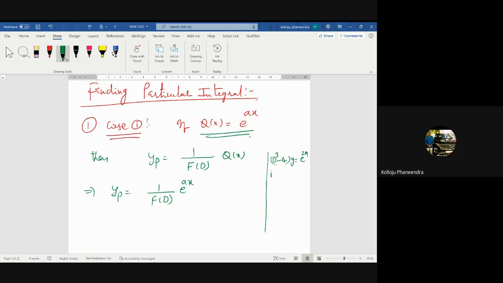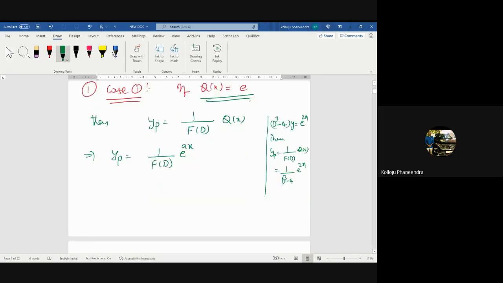Then the particular integral is what I have written: 1 by f of D into e power 2x. This is Q of x. That is 1 by (D squared minus 4) into e power 2x. Like this you have to write.